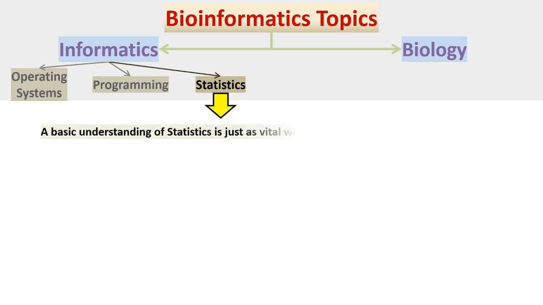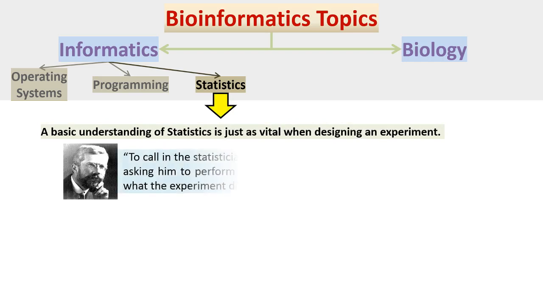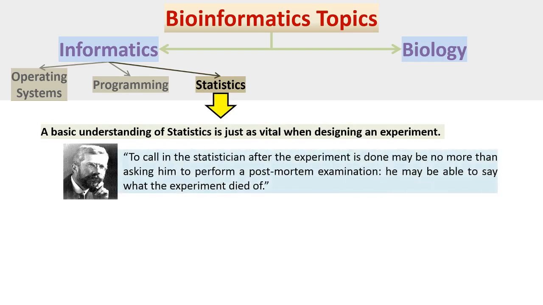Having conducted a well-designed experiment, generating vast quantities of raw data, statistical analysis implemented with quality statistical software, that is, the statistical package, is unavoidable. The statistical package R is widely used in bioinformatics.